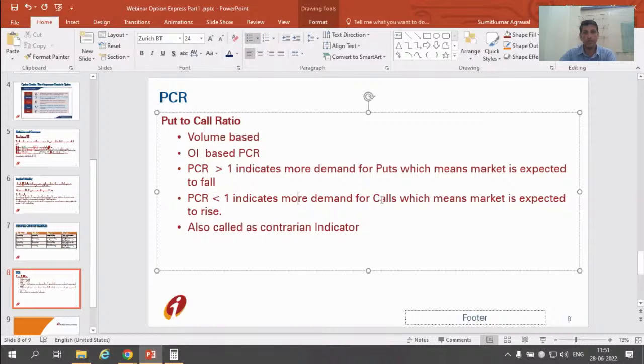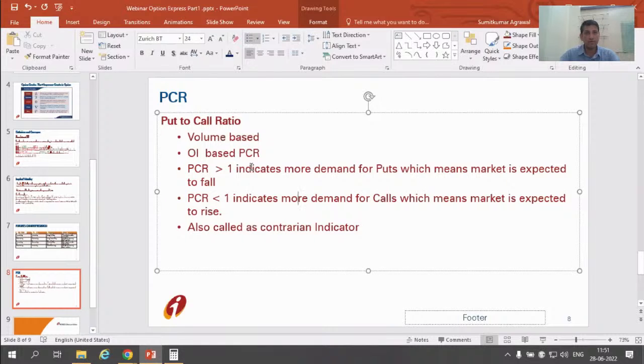But certain traders also call this a contrarian indicator, because if PCR is greater than 1, which means the market is already falling, what they say is that if the market has already fallen, it is going to come back to the mean, which means it is going to rise.